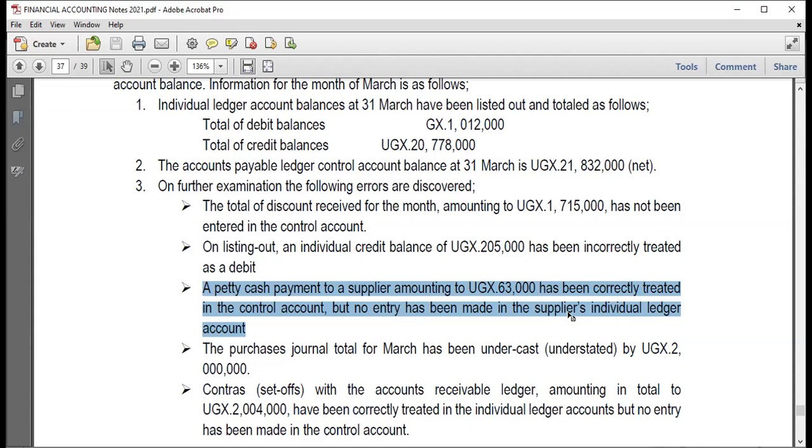So ours is to see, are we adjusting the control account?